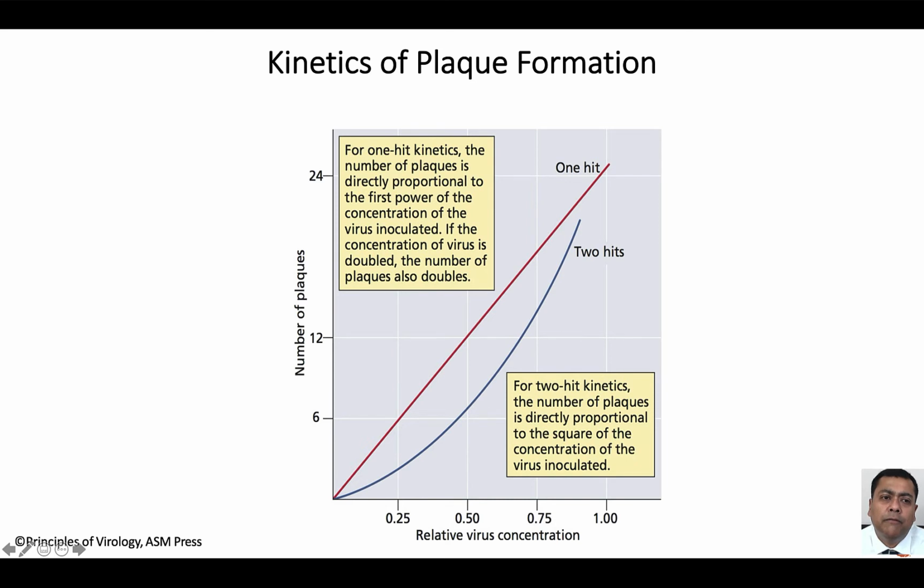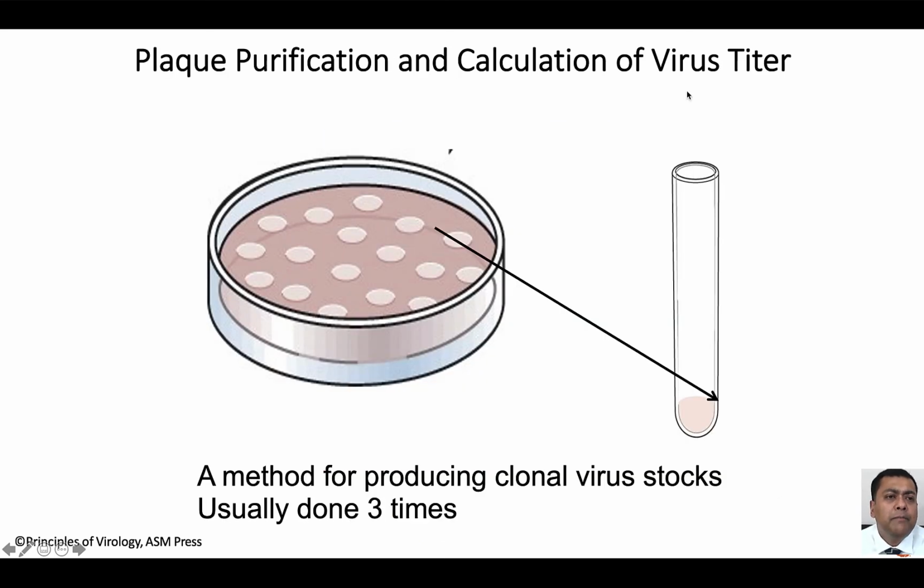Now, there is an important thing that we do, which is the plaque purification. Once these plaques are formed, before you stain them for visualization, you do a plaque purification to clonally select a virus. What do you mean by that? We assume that one plaque is formed or started with one type of virus infecting one cell.